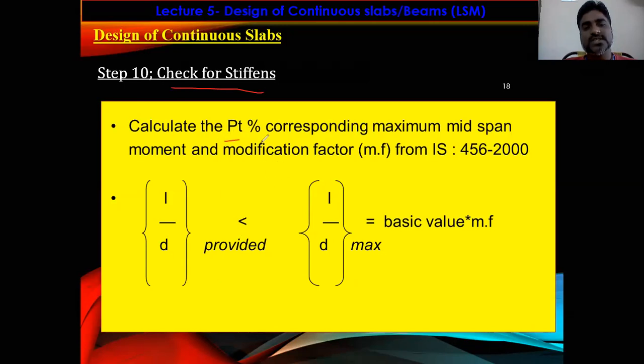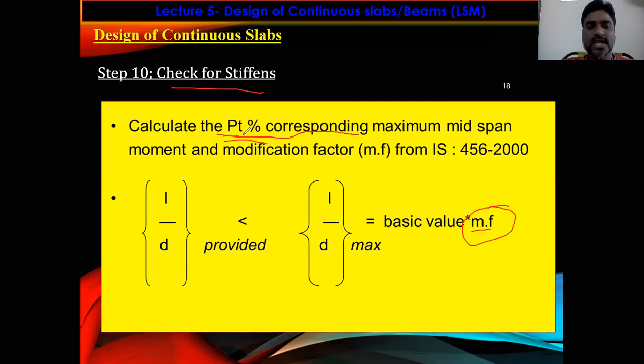So calculate the percentage of steel, because the basic value of L by D for a continuous slab is 26 into the modification factor. And this modification factor depends upon the percentage of steel provided in the tension zone at mid-span, right? Because the maximum deflection occurs at mid-span.